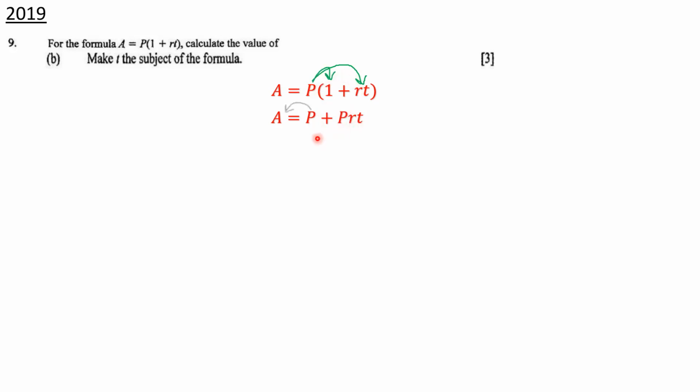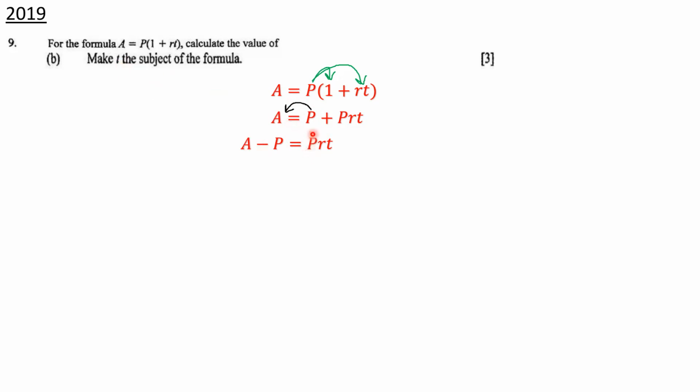Next, we're going to send the P over the equal sign. It was a positive P, and when we send it over, it becomes a negative P. So it's going to be A minus P, and so we have A minus P equals PRT. We're going to divide on this side and on this side. But what are we going to divide by? Remember, we want to make T the subject.